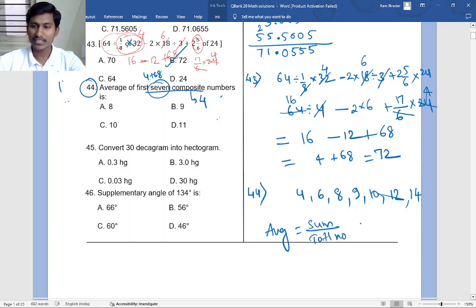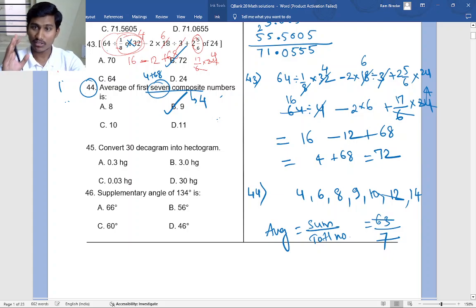That will be 63. 63 divided by how much? Total numbers are 7. So 63 divided by 7 means 7 9s are 63 will come, right? So the answer will be average 9. Okay. So 7 9s are 63. So answer will be 9. Okay. So option is option B here.